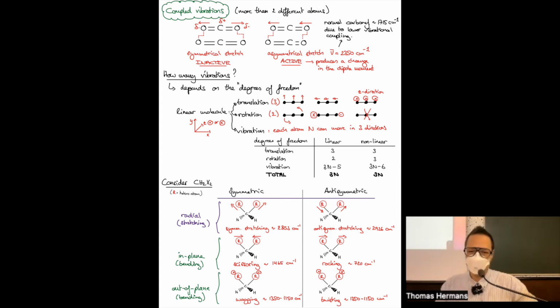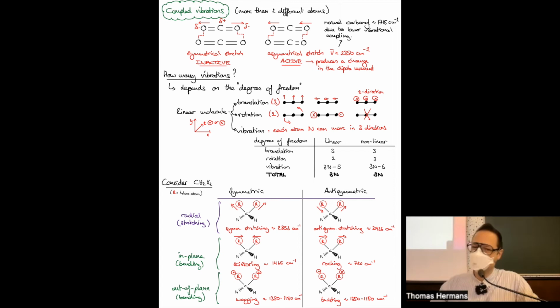So degree of freedom, what is that? Let's take the example of CO2. It's a linear molecule. Let's just draw it as sticks and balls. Now you have to think, what are degrees of freedom? It's how you can move, right?